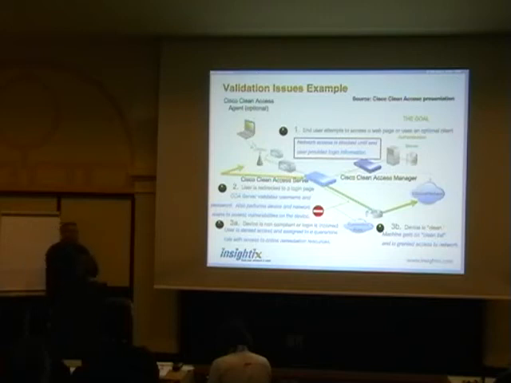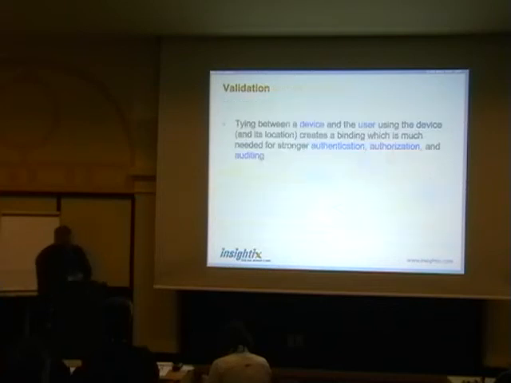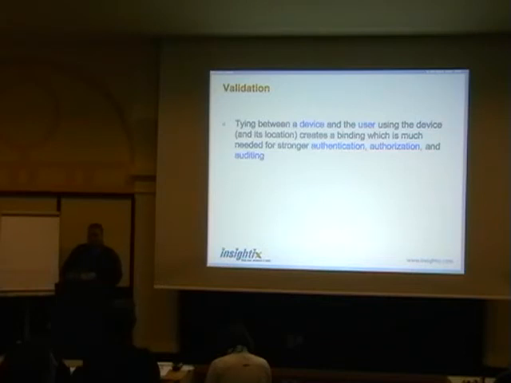You download the agent, you put in your username and password, off you go, you're okay. No problem. So in my opinion, tying between the device and the user is extremely important. It creates a binding which is needed for strong authentication, authorization, and of course for auditing. And identity is something that we all are looking to have stronger and stronger in our organizations.